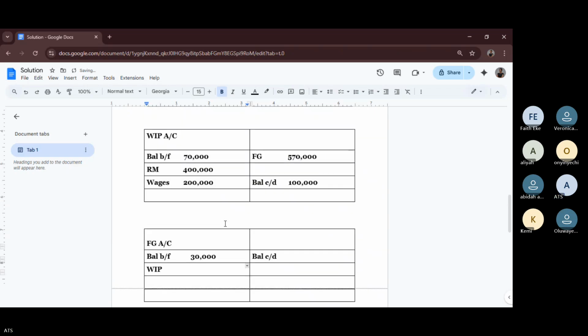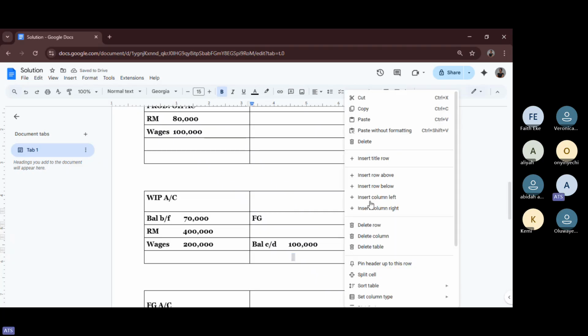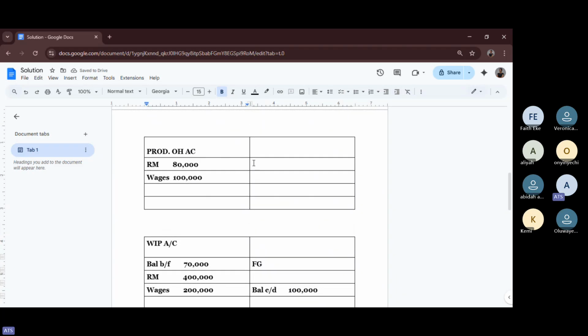Okay. So let's come back to our work in progress accounts. There is one more thing that needs to be entered here. There is an omission in the question, but we are supposed to be told what to do with the production overhead, right?